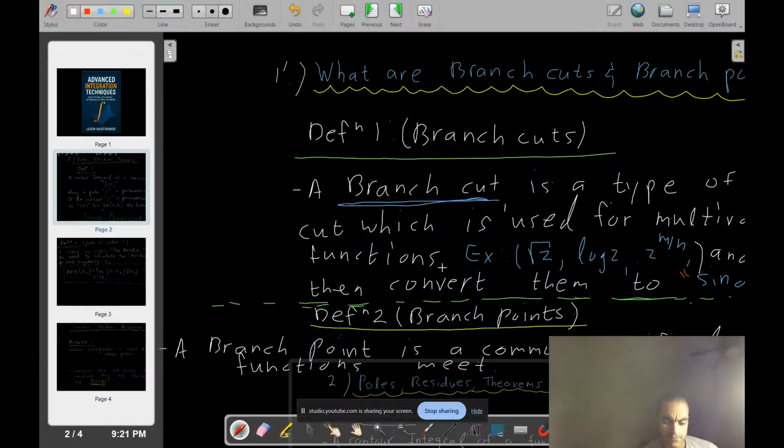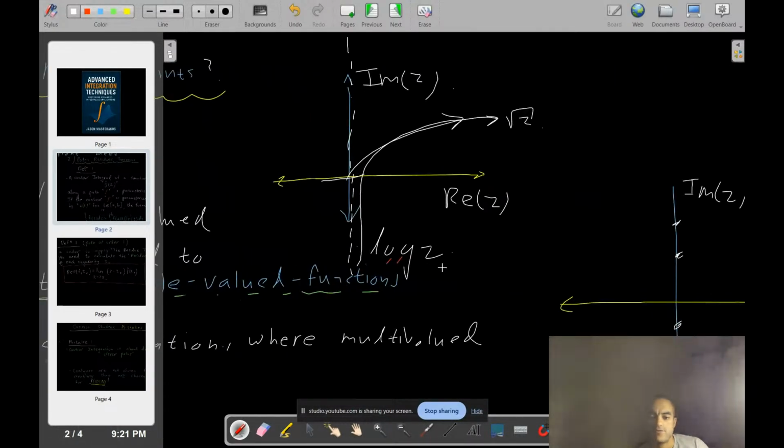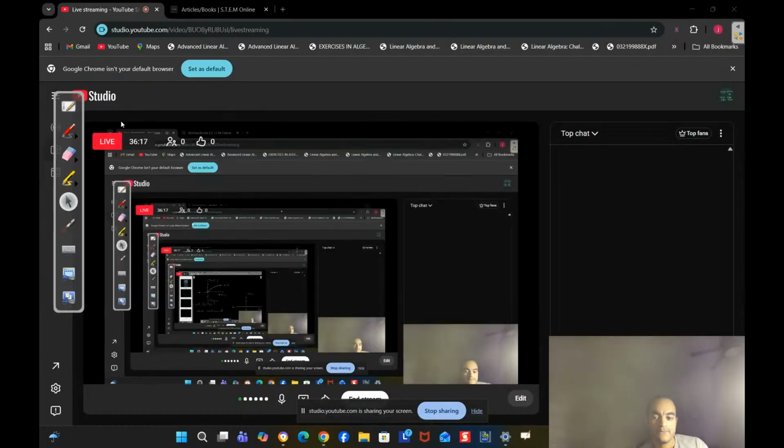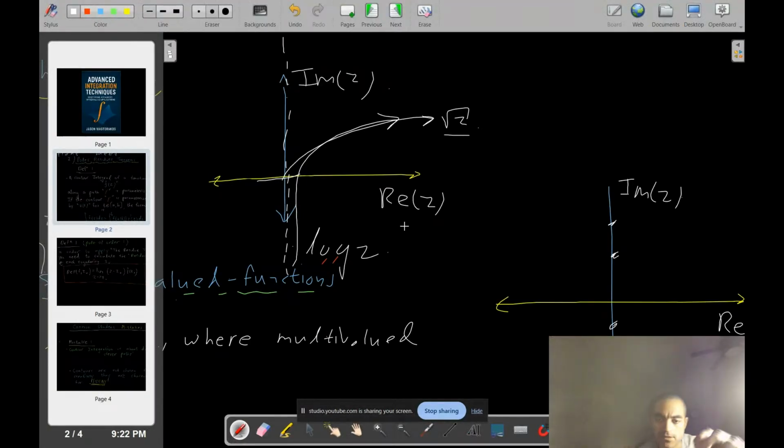Let me give you examples. If you look at, for instance, the complex curve I mentioned here, root z. Let's say w is equal to root z, a function of the complex number z.